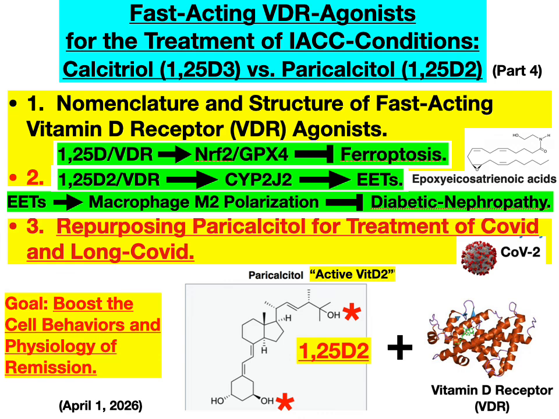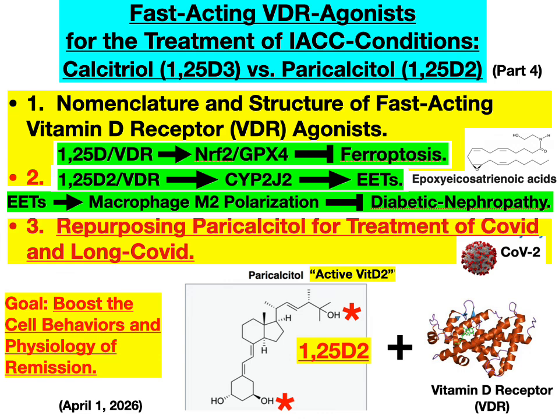And this process of shifting the epigenetic trajectory and cell behavior is known as macrophage M2 polarization. It's a polarization of the epigenetic trajectory of these cells, how they behave.